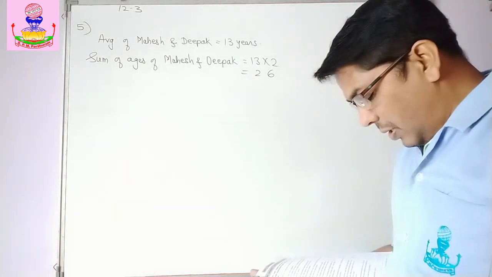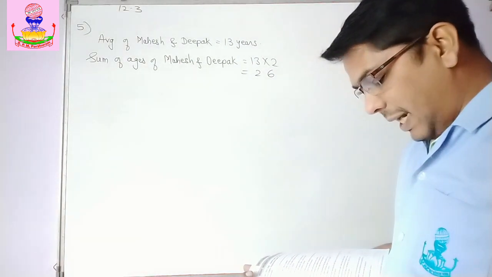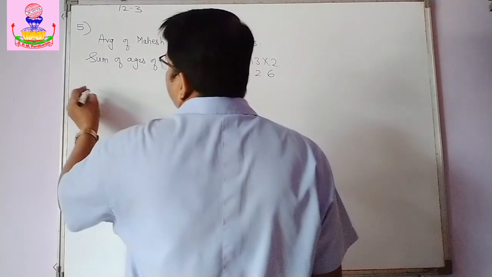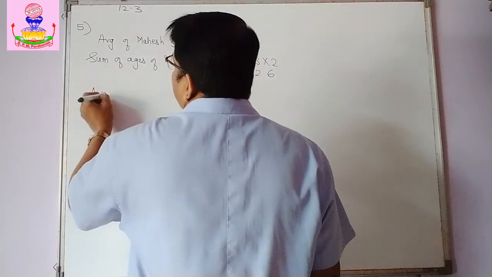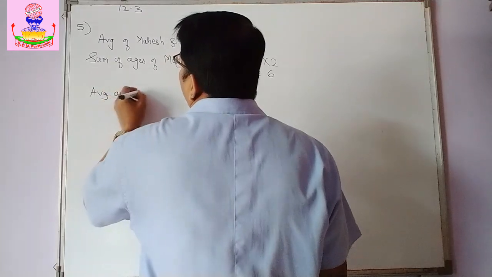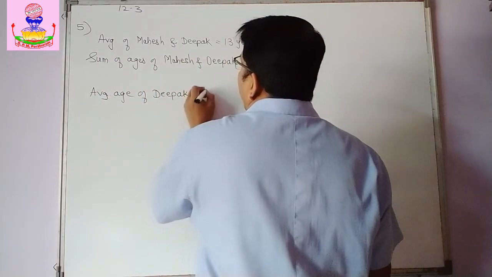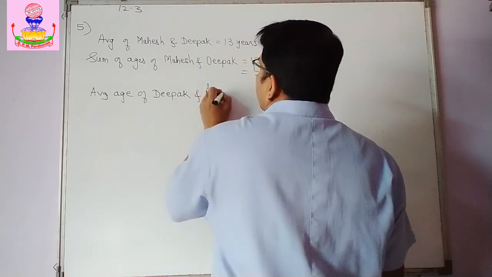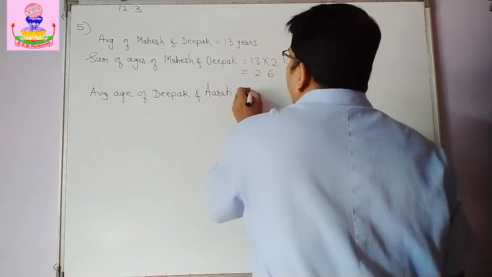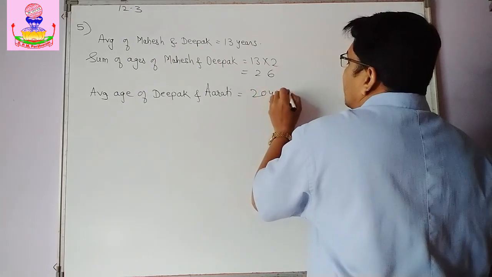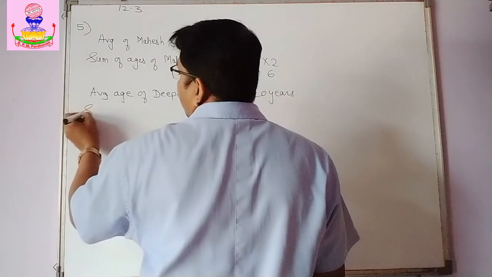Okay, then it is said that the average age of Deepak and Aarti is 20 years. Can I get the sum of their ages?